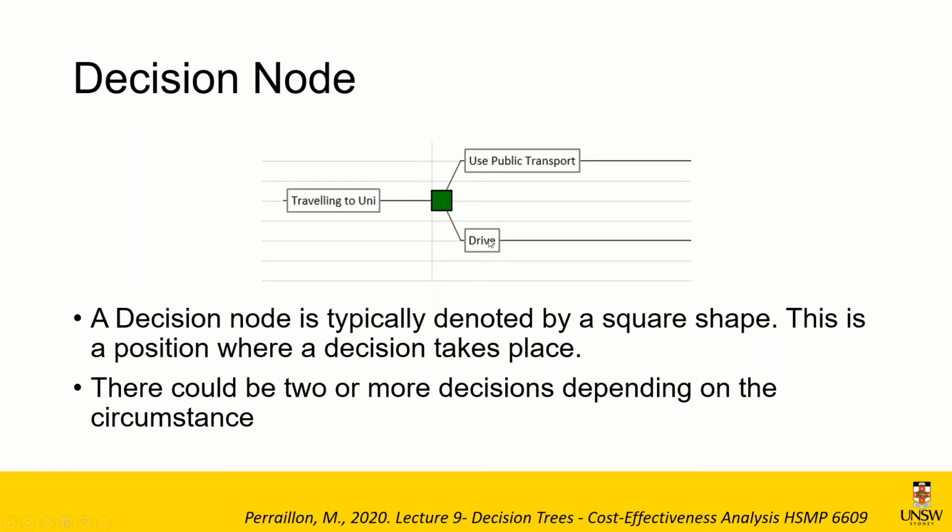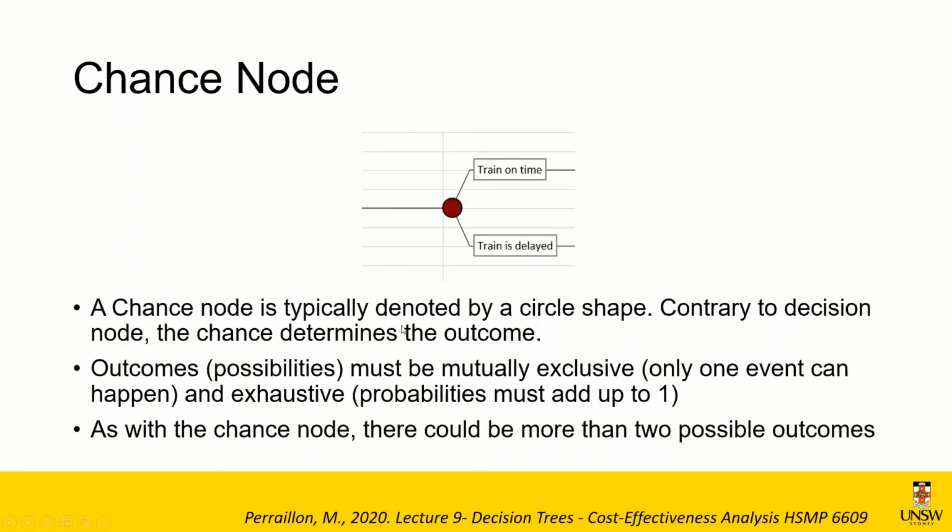And the other node is a chance node, right? Chance nodes are identified by the circular shape, and a chance node is not a decision node. So this is not within our control. Rather, this is simply the probability, right?